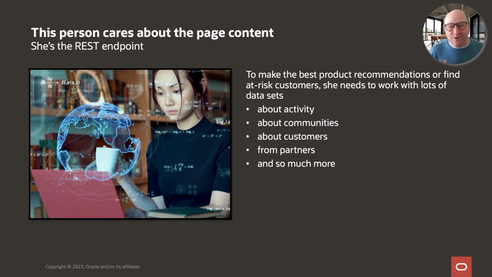So in order to drive the best experience possible, she needs a lot of information about customer interests, their backgrounds, their behavior on the site, because each customer is getting customized content.